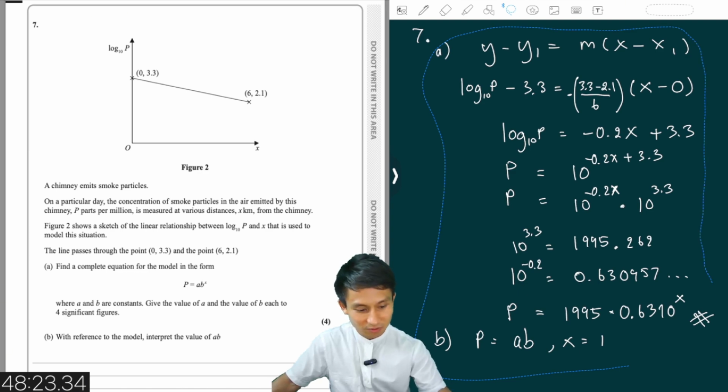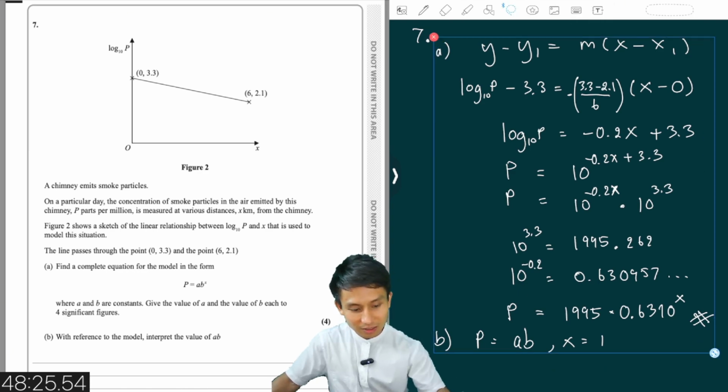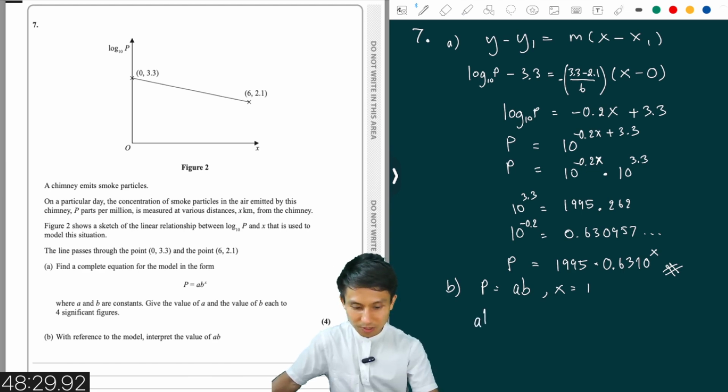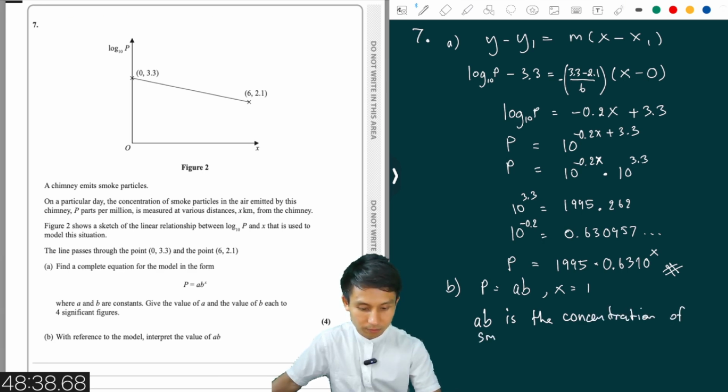Okay, you just have to know how to interpret that and include the context of the thing. So ab is the concentration of smoke particles in the air.